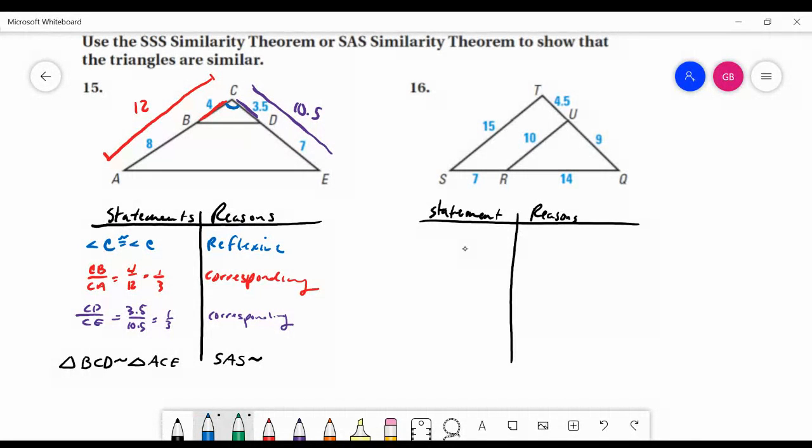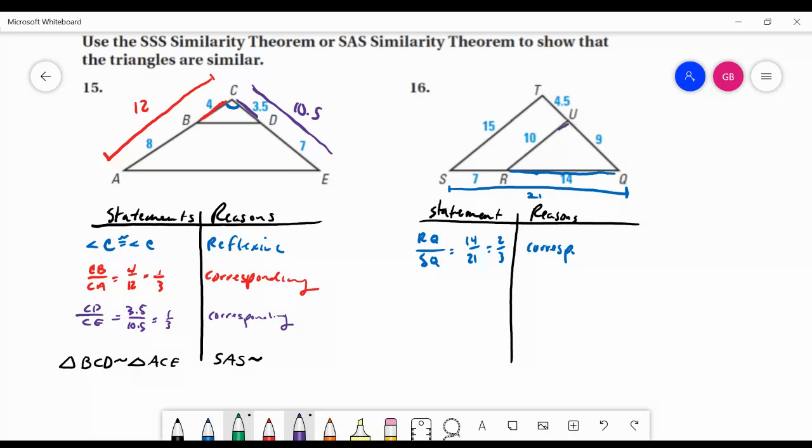Okay, for the small triangle, we're going to compare RQ is 14 and SQ is 21. So 14 over 21 simplifies to 2/3. It's corresponding.